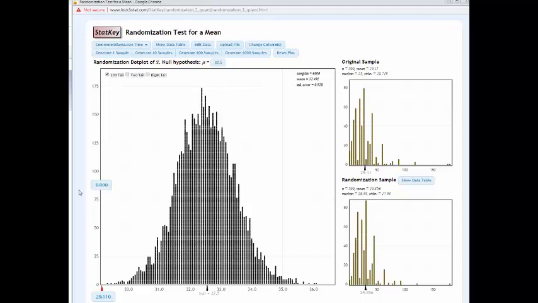The confidence interval did not contain 32.5. In fact, the confidence interval was completely below 32.5. So here, we would be rejecting this null hypothesis of 32.5 and going with our alternative hypothesis, that the mean is less than 32.5.